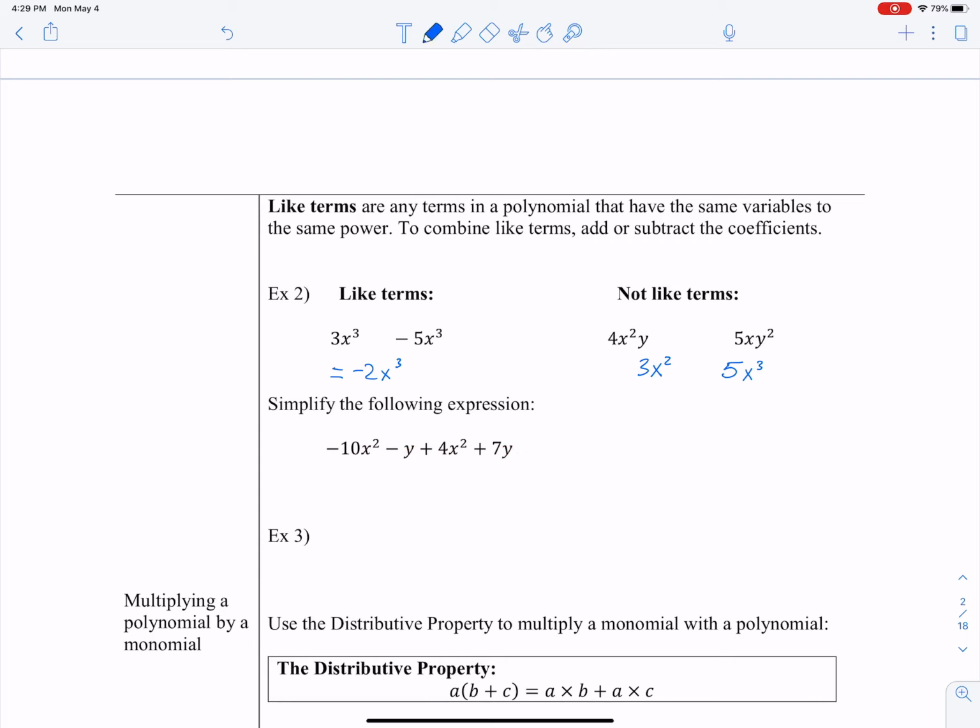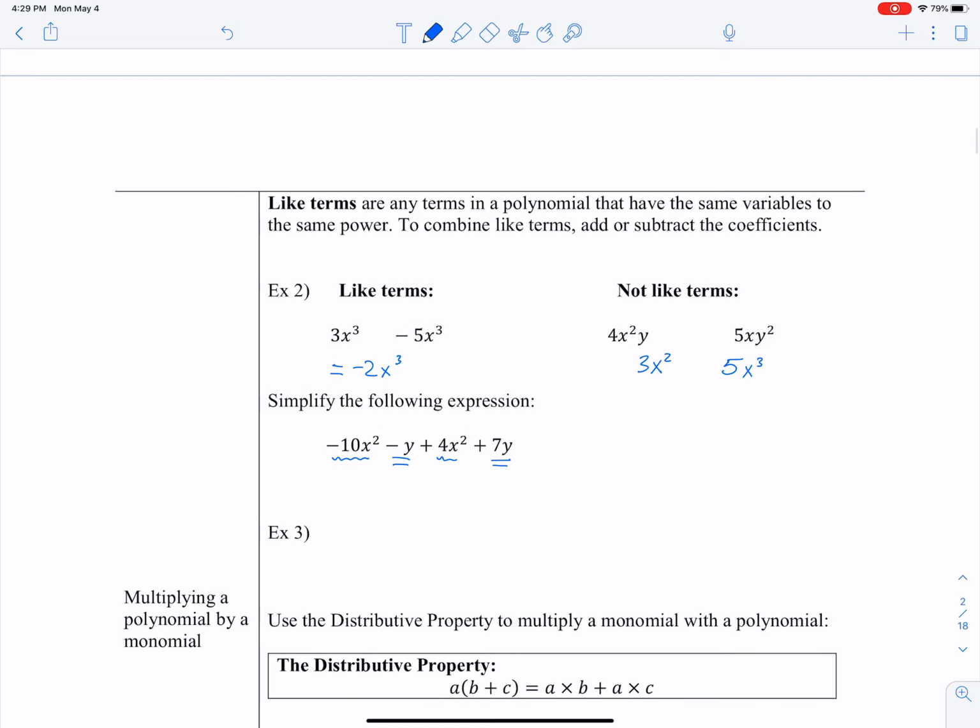So here we're going to see this and this are like terms. This one and this one are like terms. So we get minus 10x squared plus 4x squared.